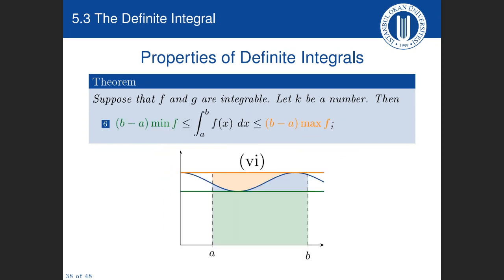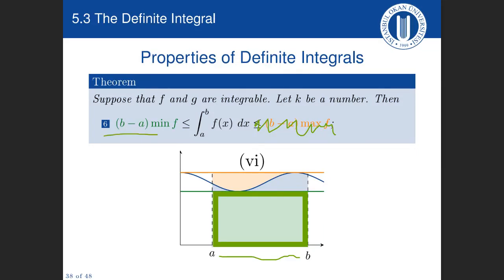Rule number 6, property number 6. First, forget about the right-hand side. Let's just talk about this left-hand inequality. Look at this green rectangle just here. The width of this rectangle is b minus a, and the height of the rectangle is chosen so that it's less than the function.